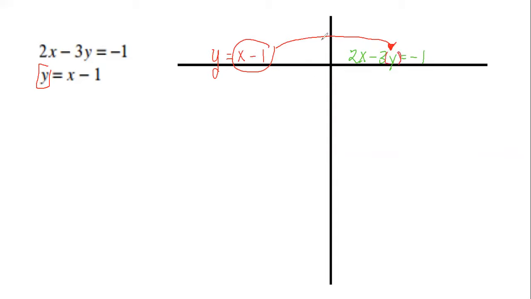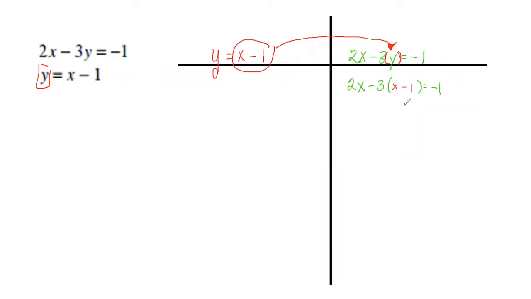And we're going to put in x minus 1 for y, so we have to put parentheses around it. So what we're going to have is 2x minus 3, and then our parentheses, and inside the parentheses x minus 1, okay? And that's going to equal -1.